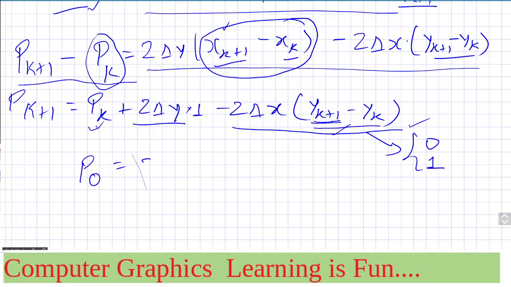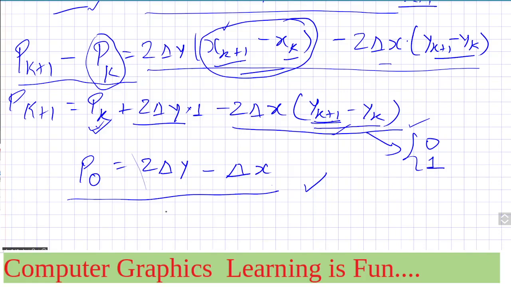p0 will be 2 delta y minus delta x, if you find it using the value of m, delta y upon delta x. So consider p naught is this. You already know the formula for pk, and the values of xk and yk, so in each iteration you will keep finding this value.